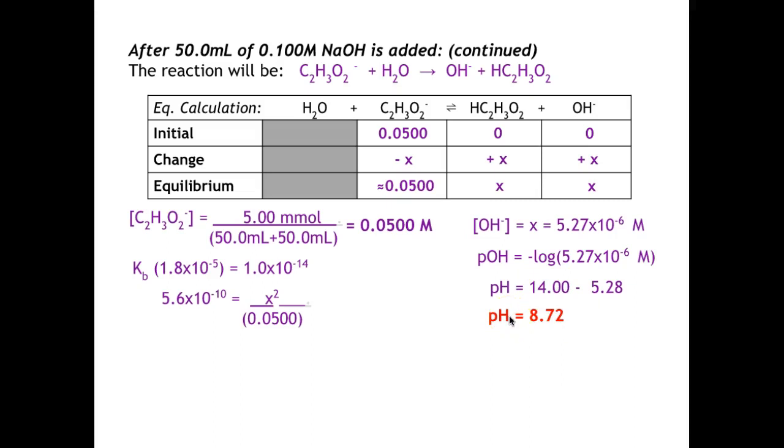Normally, in the last lesson when we had strong acid, strong base, our pH at the equivalence point was 7 because there was no conjugate base of a weak acid in the solution. So we're going to have a slightly basic pH. Actually, this is a little more than slightly basic. We're going to have a basic pH at the equivalence point.